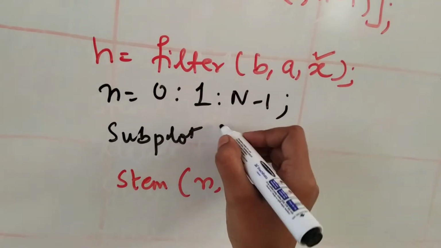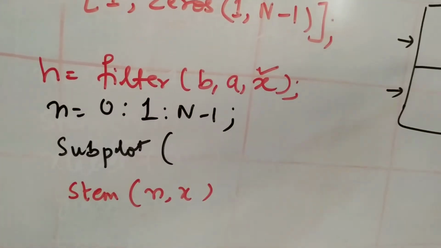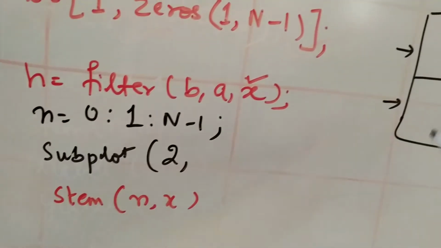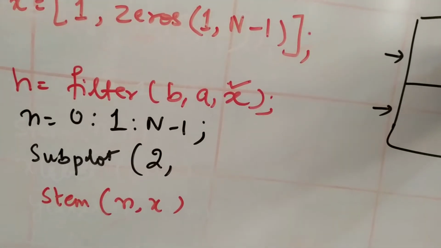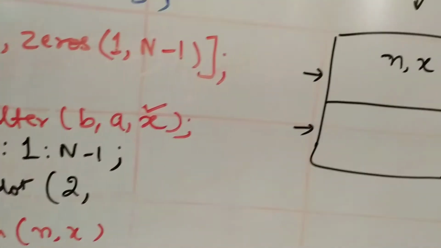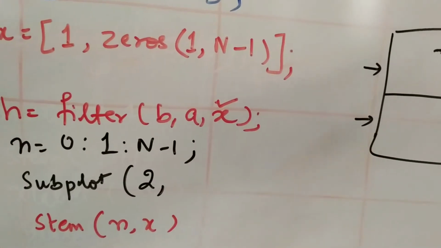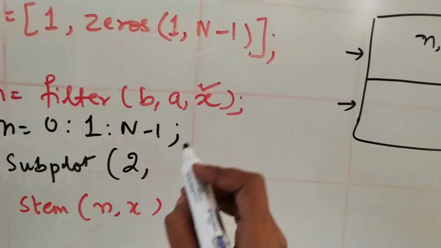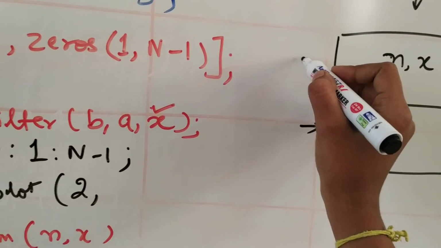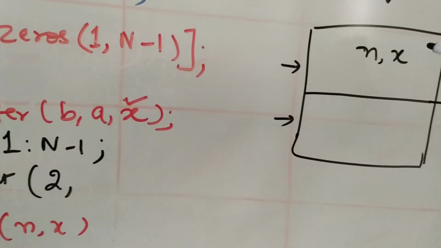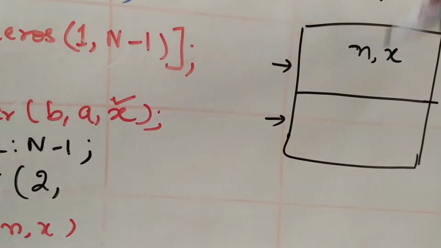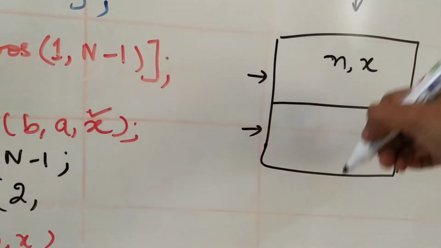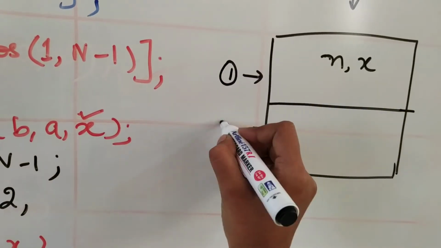Subplot, totally we require two graphs. So 2 comma, the first graph here we represent as n comma x. That is the impulse input with the given sequence n. So this will be your first column, and here totally we have two rows.